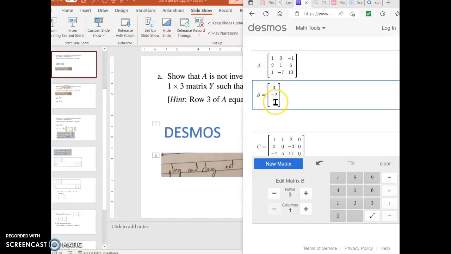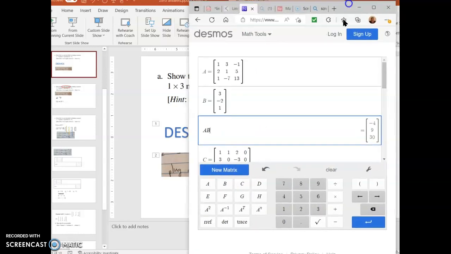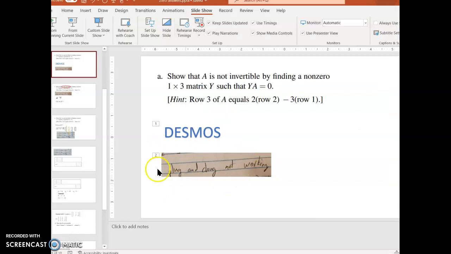So I've got an A matrix and a B, and I was just trying A times B. Let me move this over a smidge so you can see the answer. Oh, well, maybe it was supposed to be a negative here. Positive here? Negative here. This wasn't working, and I realized what I was doing was called plug and chug.